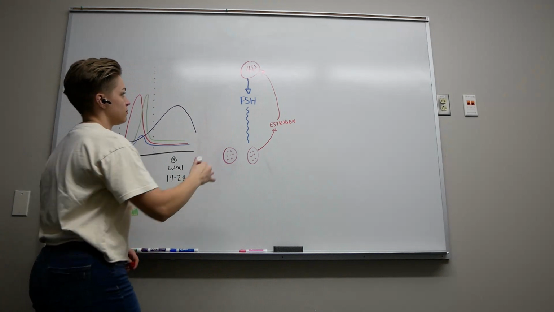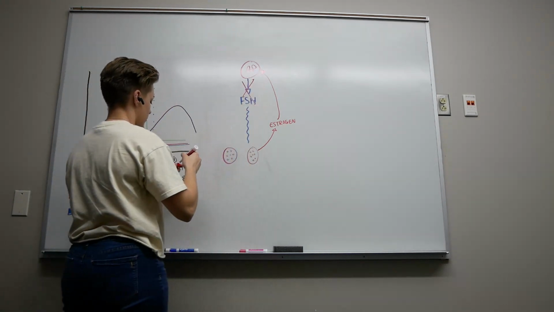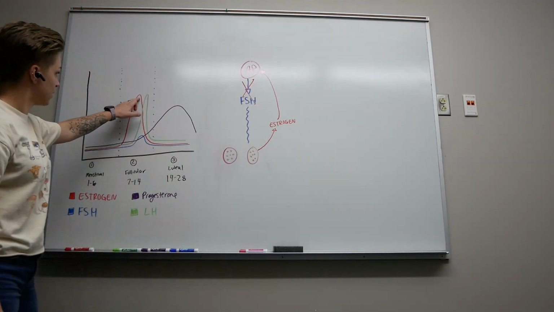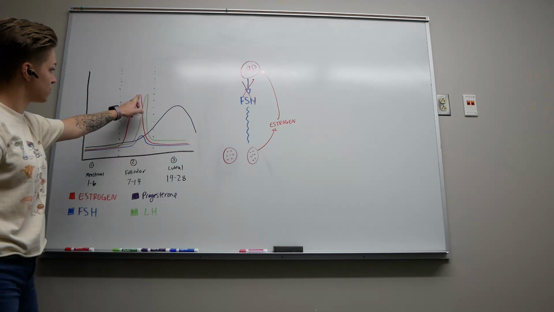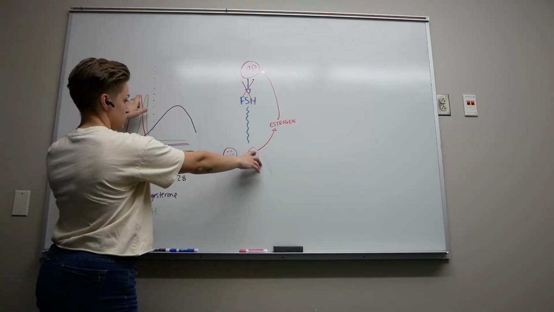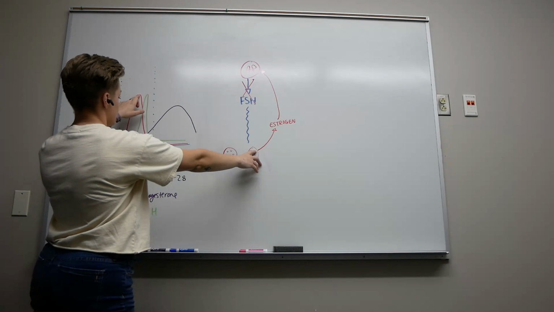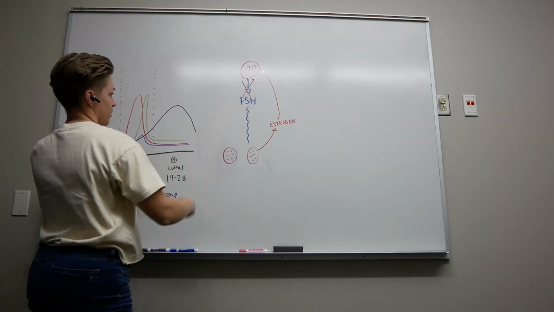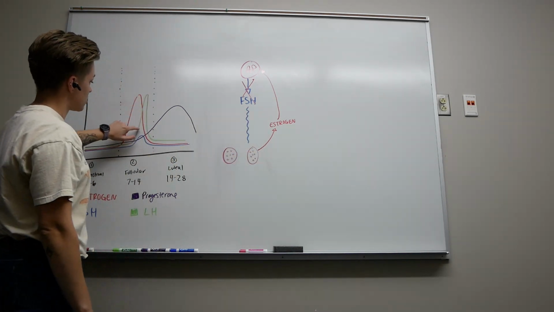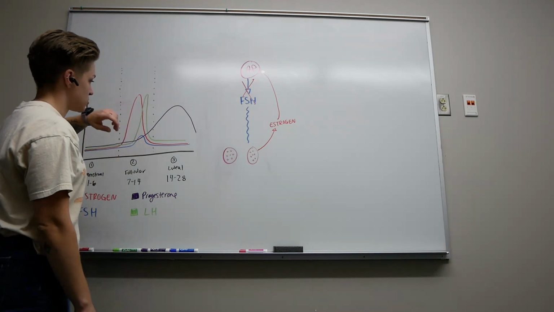We're mature enough. You don't need to do that anymore. So shortly after the peak of maturation of the follicle, there's enough estrogen where we no longer need follicle stimulating hormone, which is why this peaks just after the peak of estrogen.